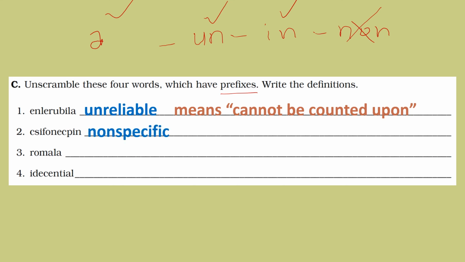So the word is non-specific. So what is the meaning of the word specific? From that we can elicit the meaning of non-specific. It means not limiting or limited, not specific, it's general.